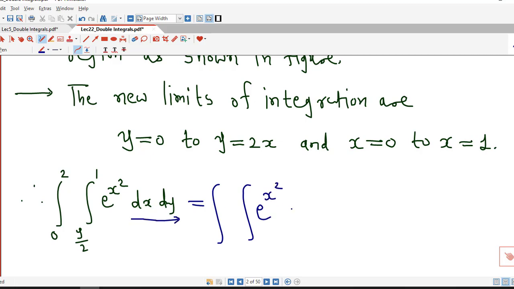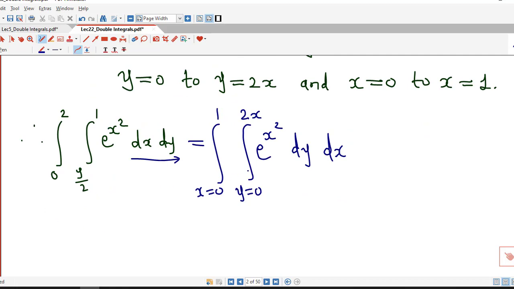Instead of dx dy, now we have dy dx. y is from 0 to 2x, x is from 0 to 1. And as we know, both the integrals have the same value. It does not matter whether we integrate with respect to x first or y first.